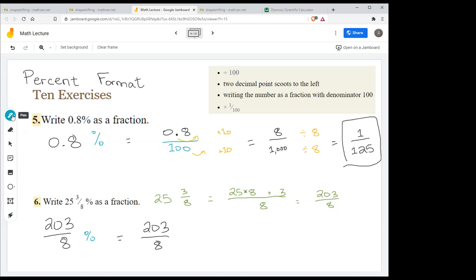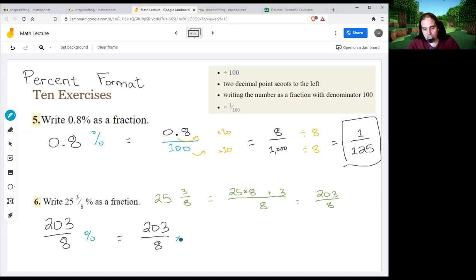Would it be multiply 1 over 100? Yeah, this is the only time you ever pick that one, is if you had a fraction inside the percent symbol to start with. And we haven't officially done multiplying fractions, but you go across the top and bottom separately. 203 times 1, 8 times 100. And that doesn't reduce because your teacher loves you, and you're just done.